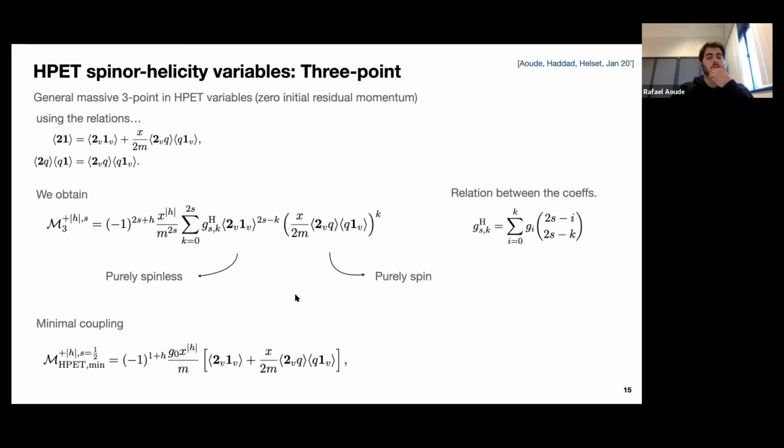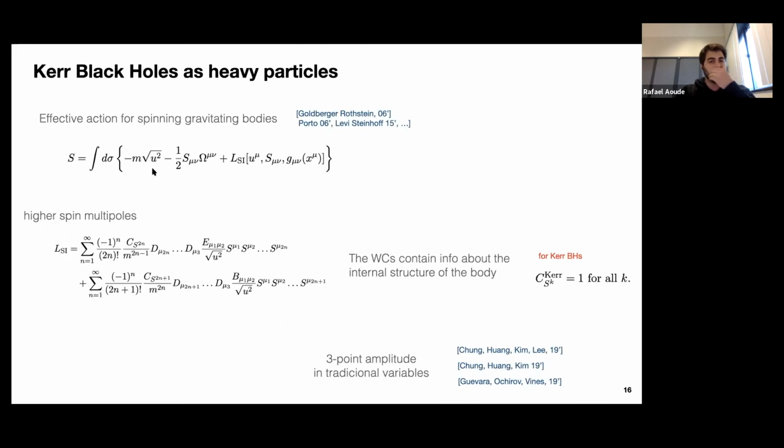Okay, good. So given that, we want to interpret, as was interpreted in the literature, the Kerr black hole with amplitudes. In this set of papers, the 3-point amplitude for the Kerr black hole was obtained from this action.